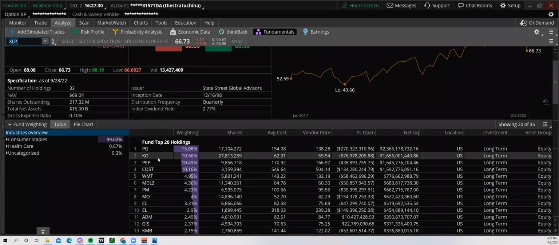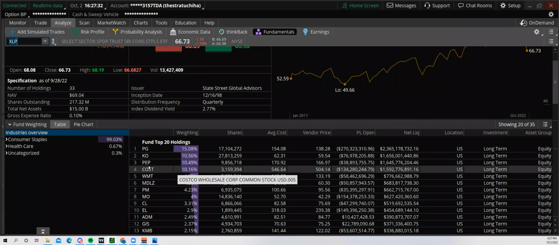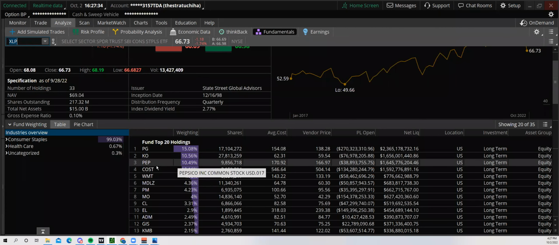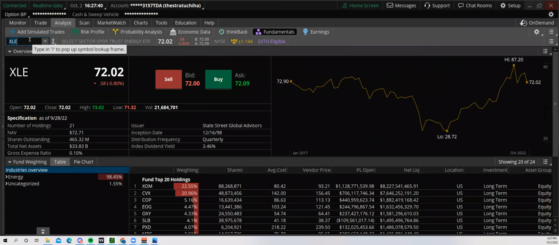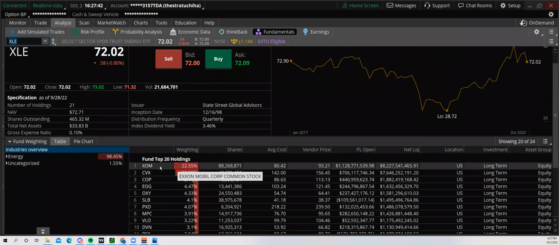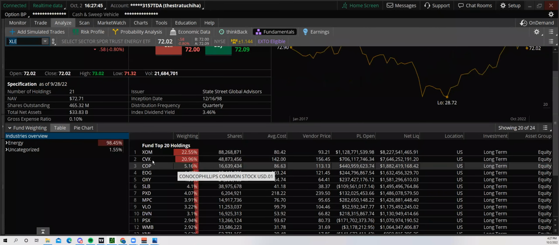All right. So this is how you figure out the holdings, and then you can pick what stocks you want to add to your watch list based off of that. Like XLE, boom, go to XLE. You see XOM is number 1, CVX, Oxy number 5.